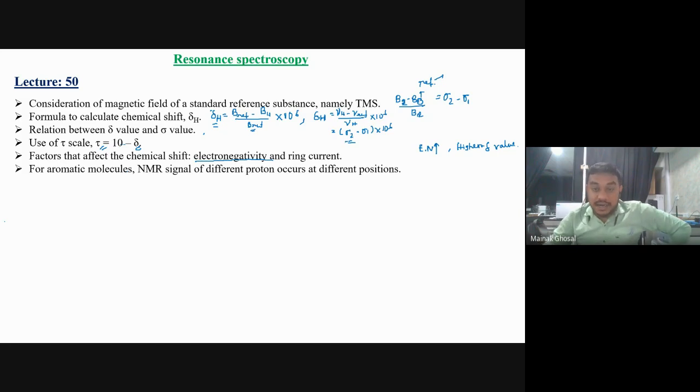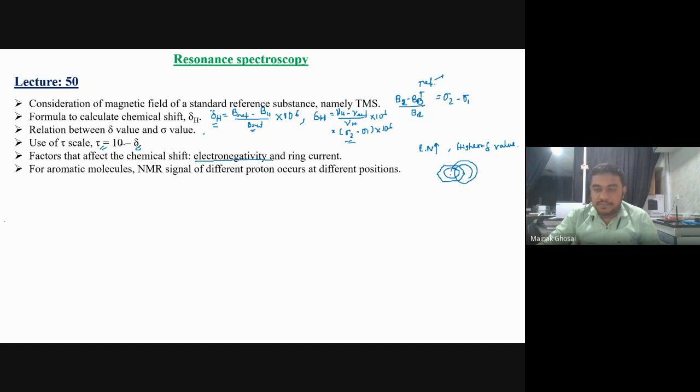Now the effect of ring current, you need to understand this ring current. Whenever a benzene ring is there, the benzene ring is planar, and all the electrons will be planar. So there will be electron density up and down. Now, since the electrons are moving, they are creating a magnetic field, a magnetic flux.